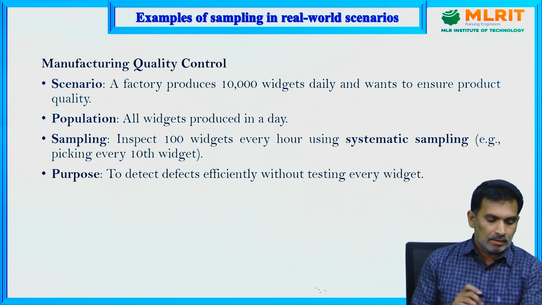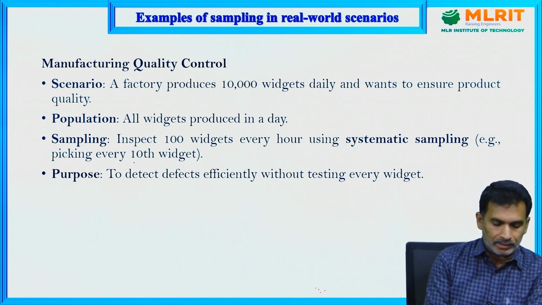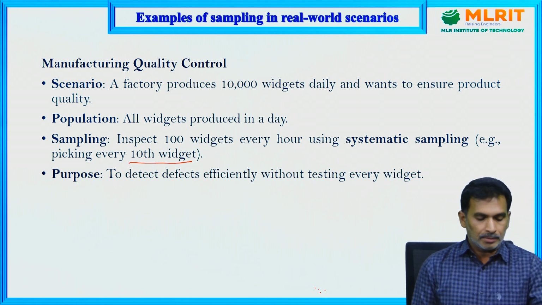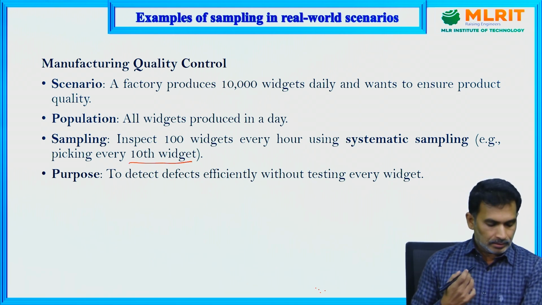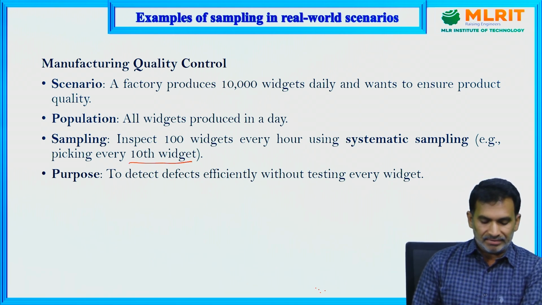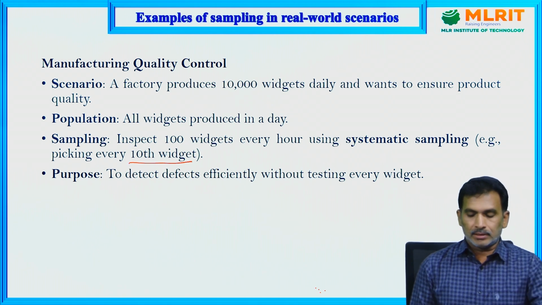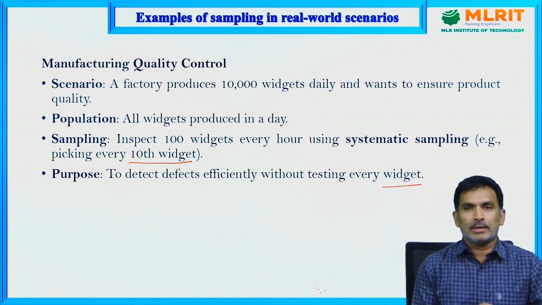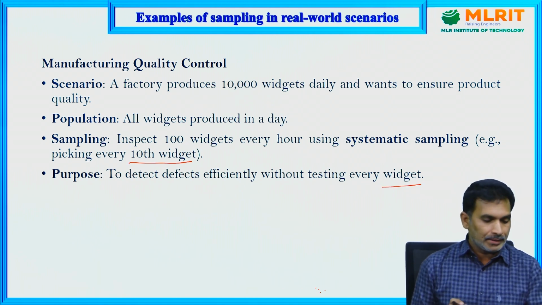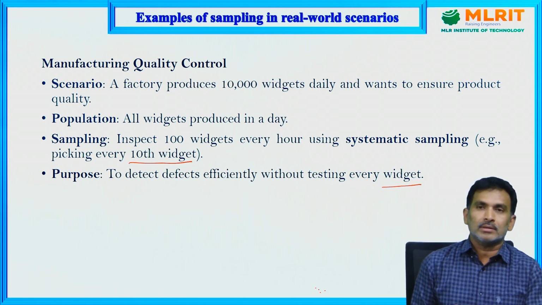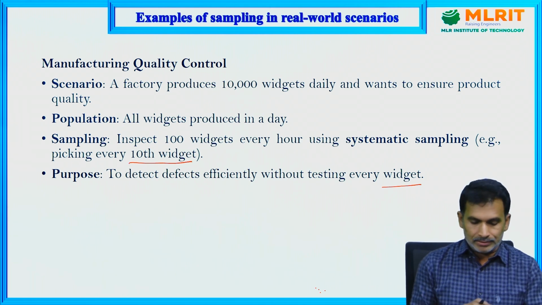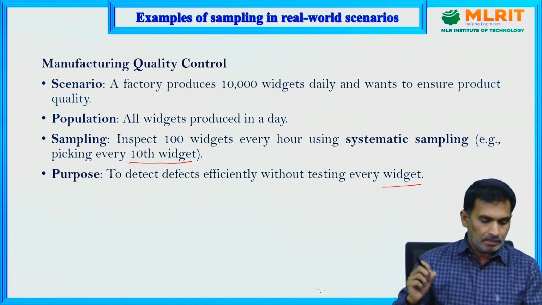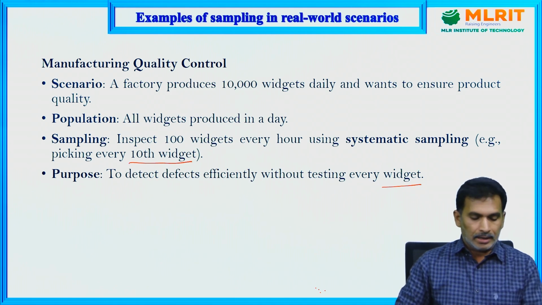That means we pick every 10th widget. The purpose is to detect defects efficiently without testing every widget. In any manufacturing, the quality control team will not check every product. They will systematically pick samples and test them.